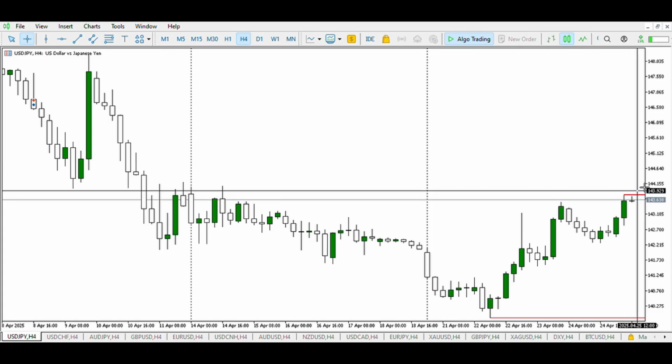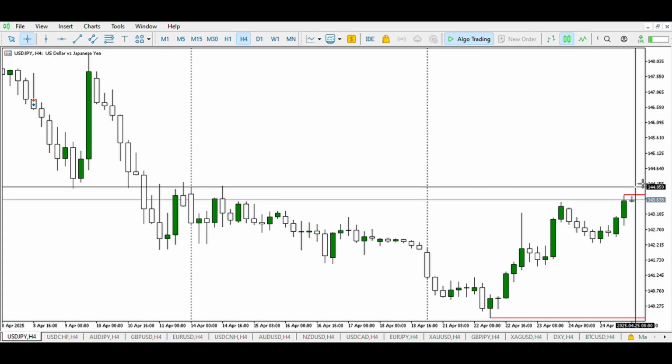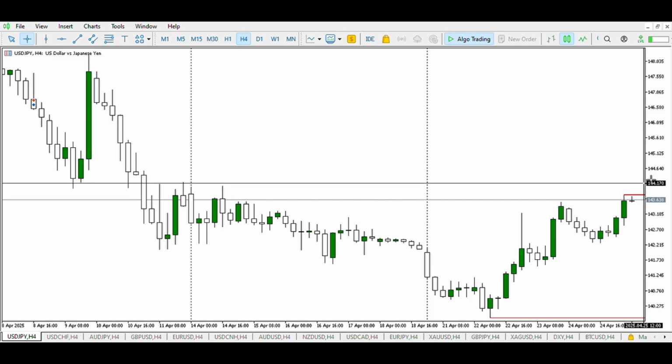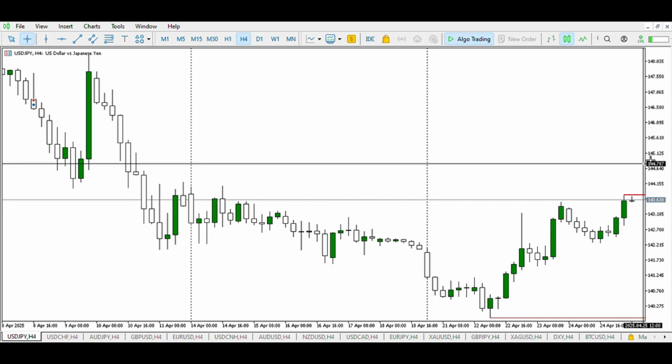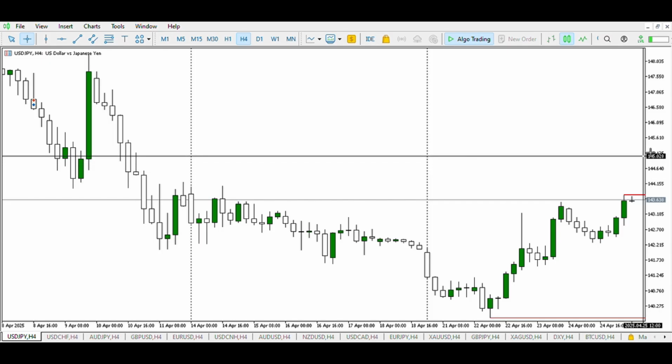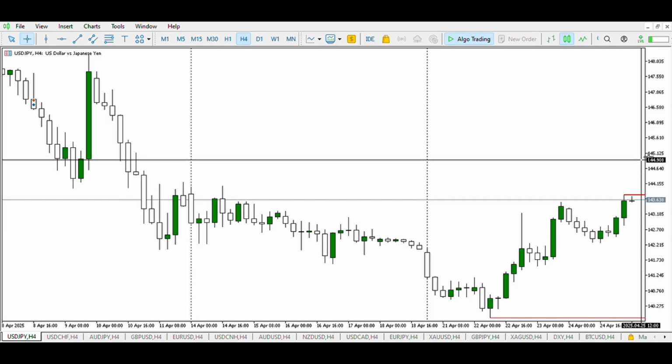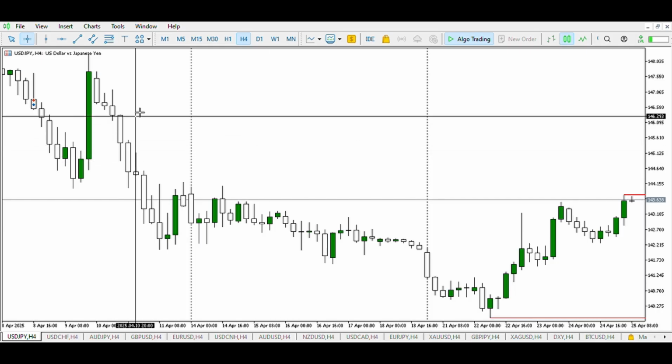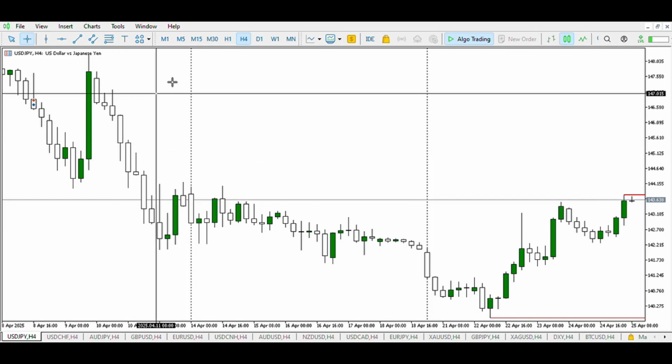Nevertheless, if price continues to rally up, creating more than 3 bullish candles, then we can expect price to attempt to fill out these liquidity voids.